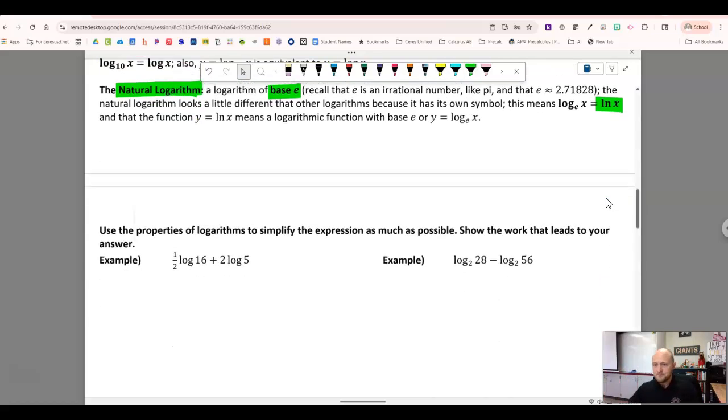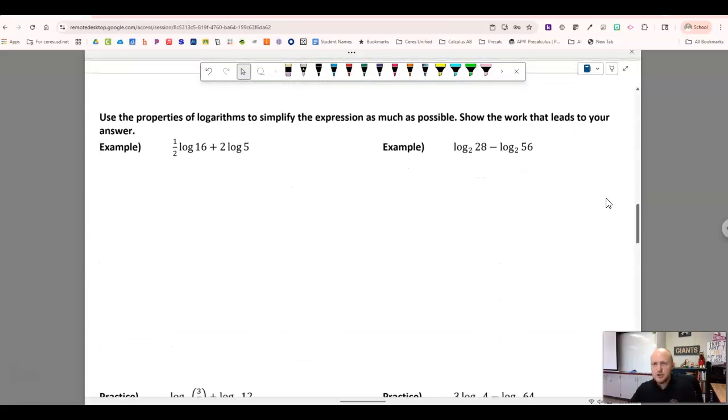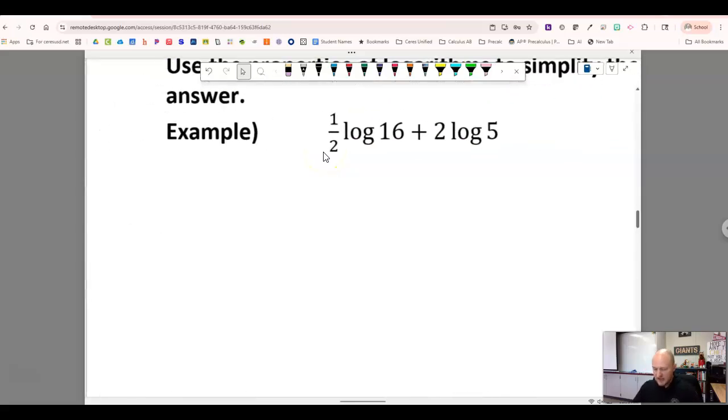Let's check it out. They say here, use the properties of logarithms to simplify the expression as much as possible. Show the work that leads to your answer. Okay, let's look at our first example. The first thing that I am going to do, I see these coefficients out front. I see this 1/2. And I see this 2. So to condense this, I'm going to use first the power property of logarithms.